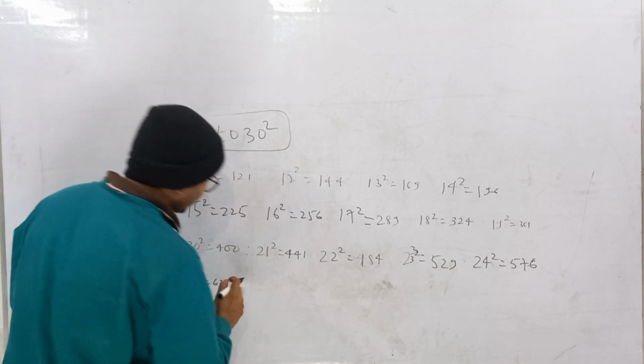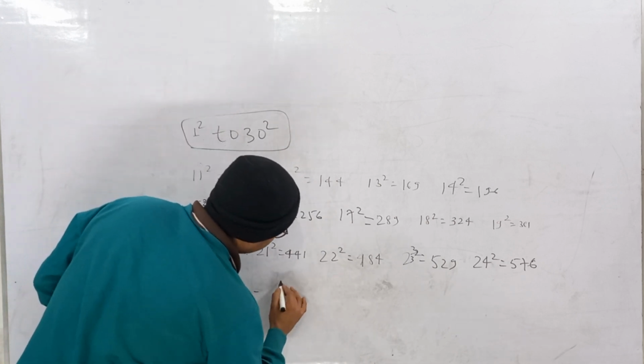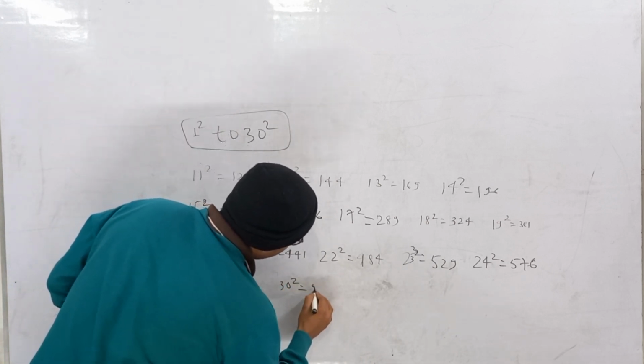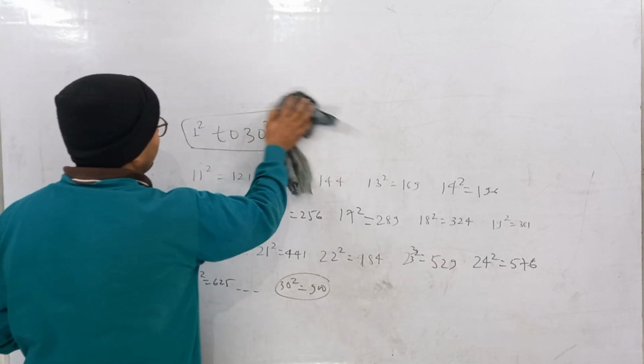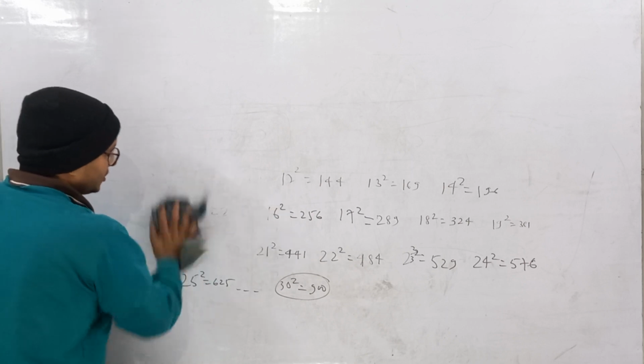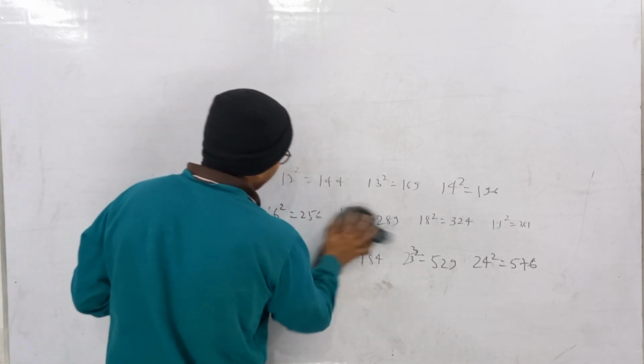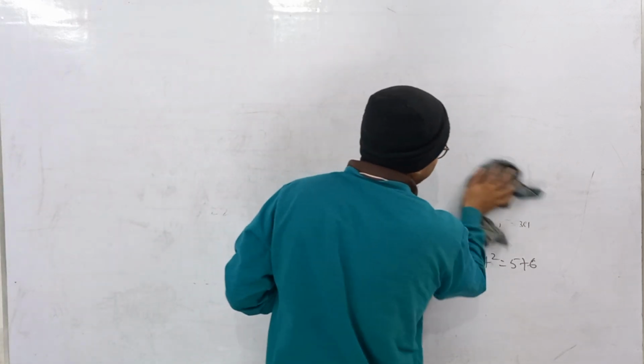In a similar fashion you can go up to 30 square, which is 900.